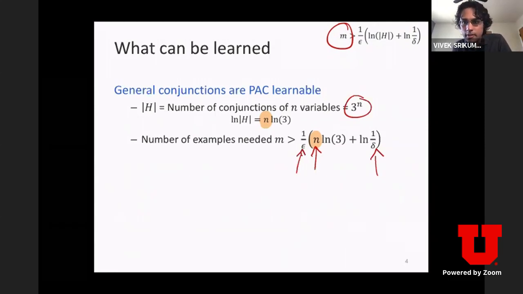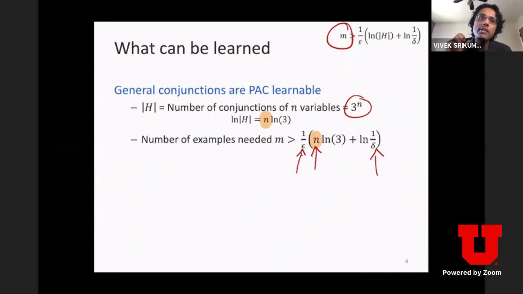There's a question: does the definition of PAC learnability also require that there should be a polynomial time algorithm in 1 over delta and all these things that can produce a sufficiently approximate hypothesis? The answer is not quite. There are two versions. In general, yes, the definition of learnability requires this, but we split the definition into two parts.